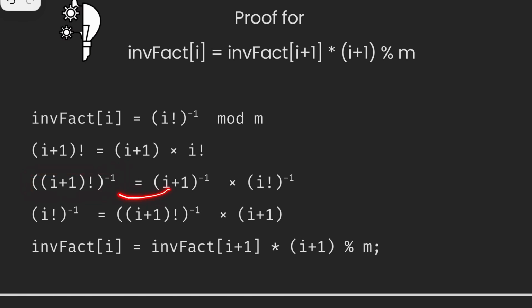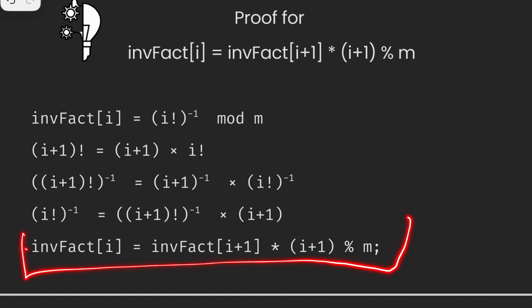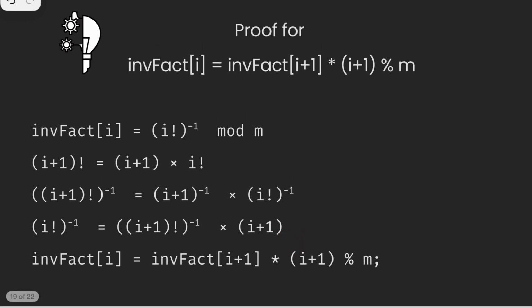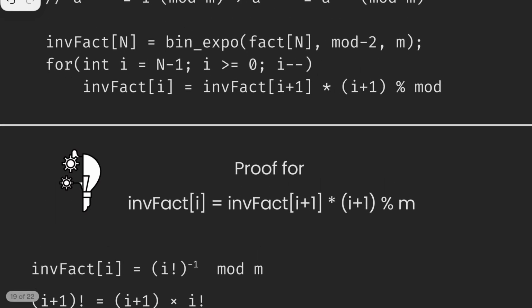You remember you have moved this here, so this (i plus 1) will be multiplied here directly. You can take mod on the left and right side and you will have this particular formula. This is inverse of factorial i, this is inverse of factorial i plus 1, and this is i plus 1 directly. And that's what we have written here.